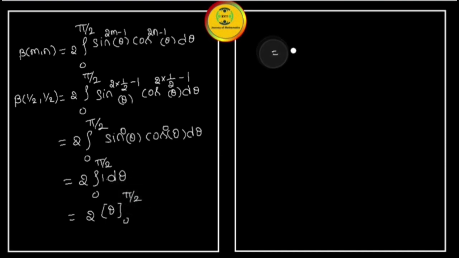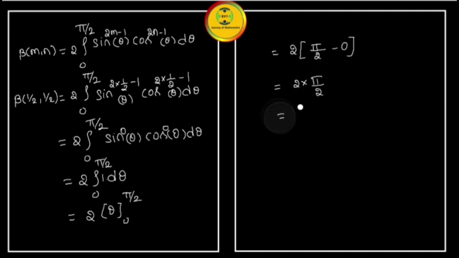So if I apply upper limit minus lower limit, 2 into pi by 2 minus 0, that means 2 into pi by 2. The 2s cancel and we'll get pi. So this is the value of beta of 1 by 2 comma 1 by 2. We got it as pi.